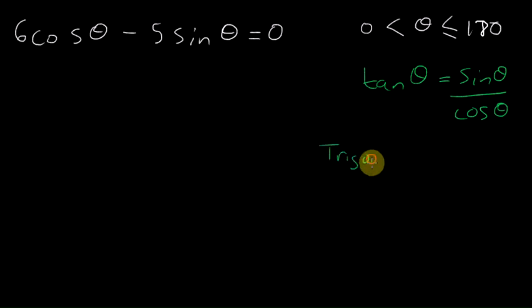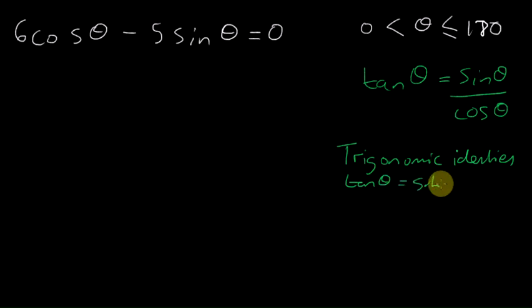It's called trigonometric identities. If you want to see how this was derived, which I really highly recommend, go to the video on trigonometric identities, and look for tan theta equals sin theta over cos theta.